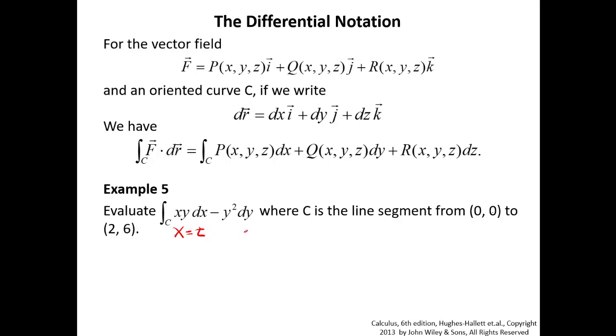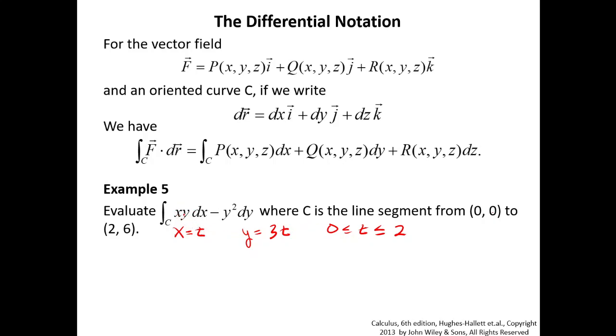Well, then y is going to be equal to 3t, so that when t is 2, we're at 6, and when t is 0, we're at 0. That's how we've parameterized x and y, and then we can let t itself go from 0 to 2. How can we evaluate this? So we go from 0 to 2.